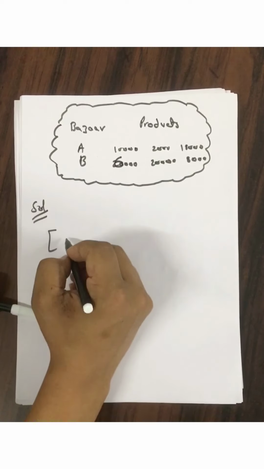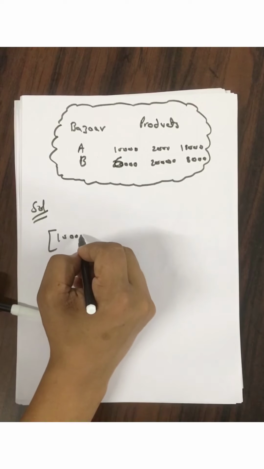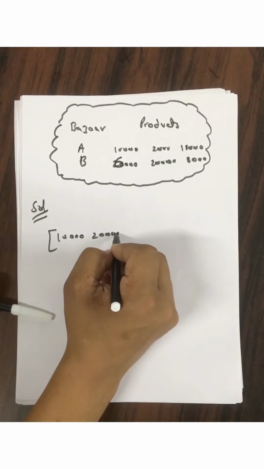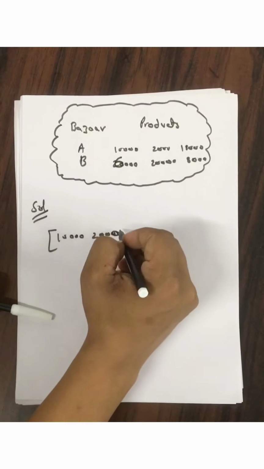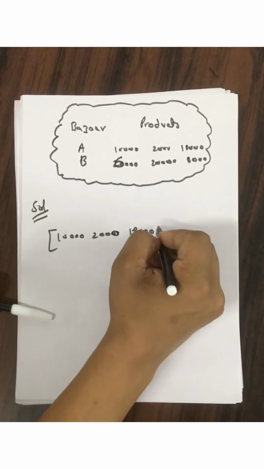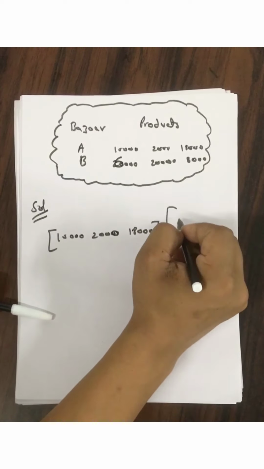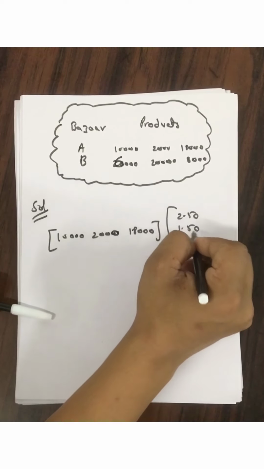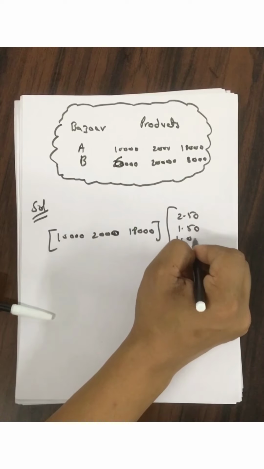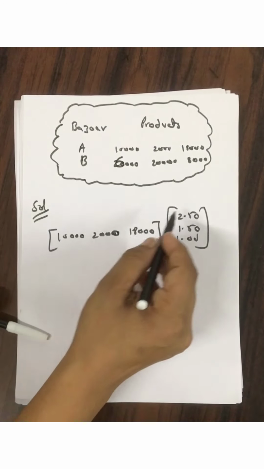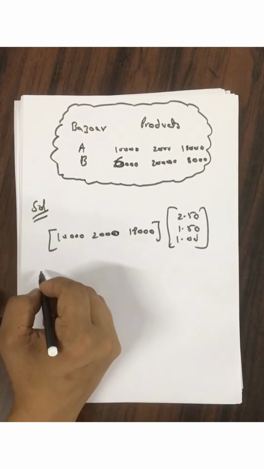Simple. We have done a question of this type. 10,000, then 2,000, it's not 20,000, and this is 18,000. And what are the rates? Rates are 2.50, then 1.50, and then 1.00. Multiply this into this, this into this, this into this.